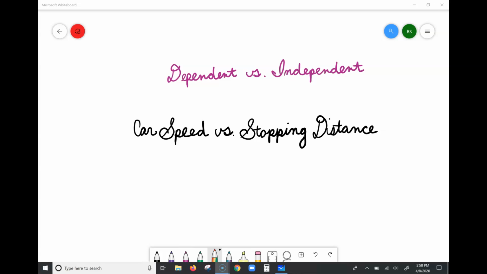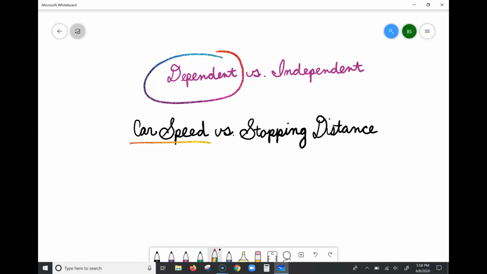Using the rule for titling graphs, if I were to ask you which of the variables in the title is the dependent variable, you should answer car speed because dependent variable always gets listed first in the title.